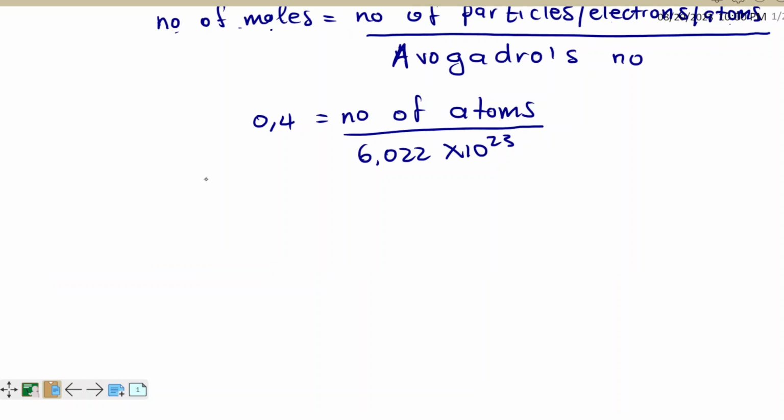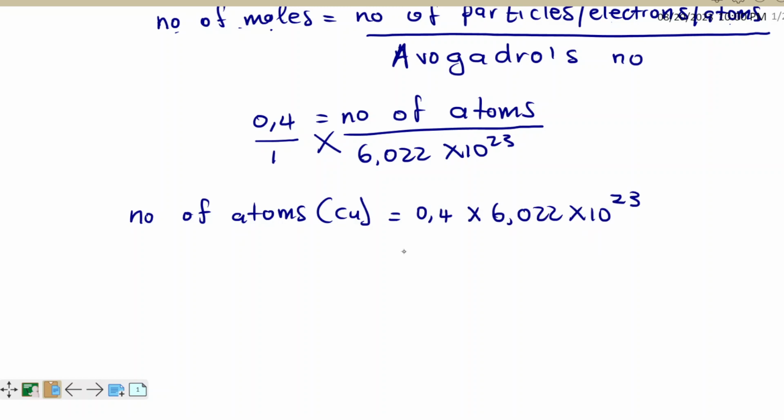Okay, this 0.4 is over 1, so we're going to cross multiply. Then we're going to say the number of atoms of copper is equal to 0.4 multiplied by 6.022 times 10 to the power 23.